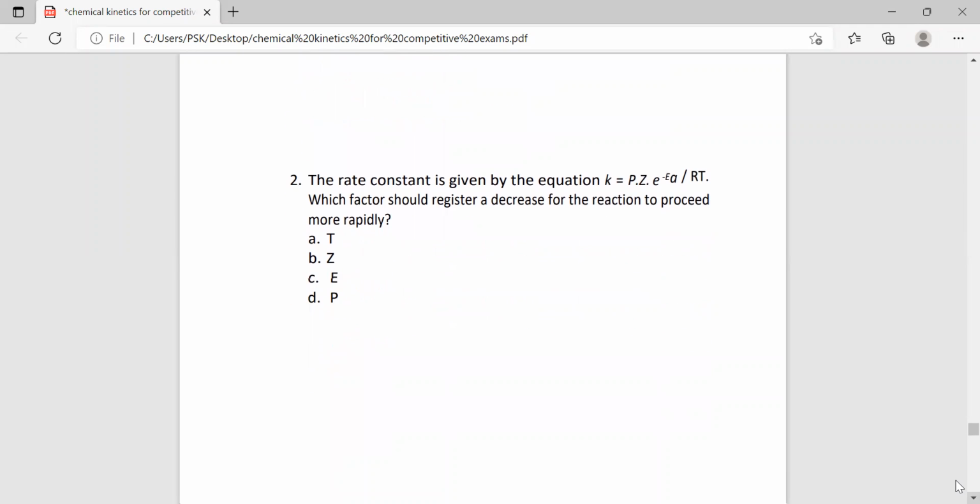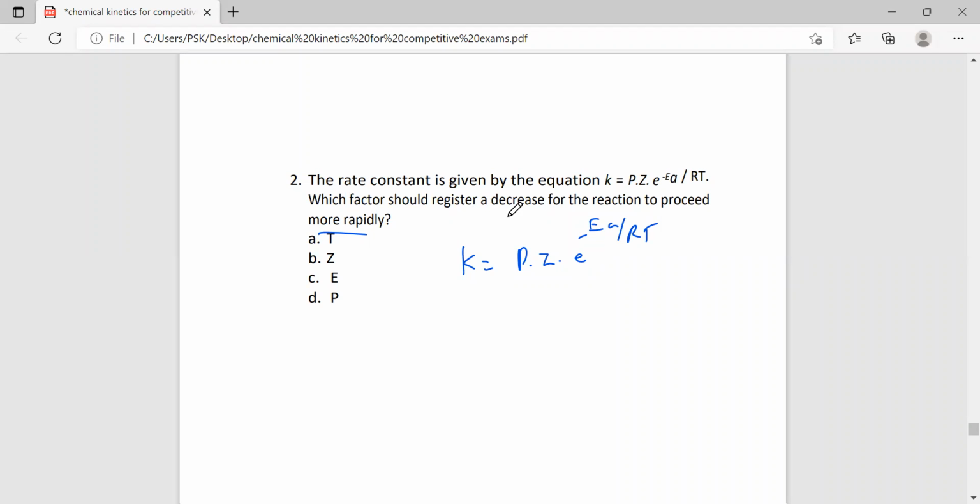The next question: the rate constant is given by the equation K equals P into Z into e to the power minus EA by RT. Which factor should register a decrease for the reaction to proceed more rapidly?